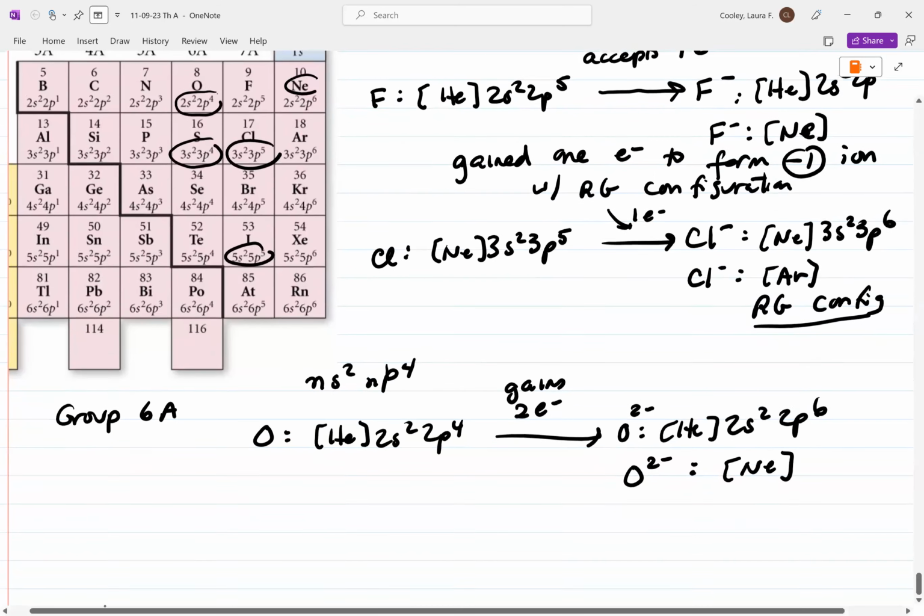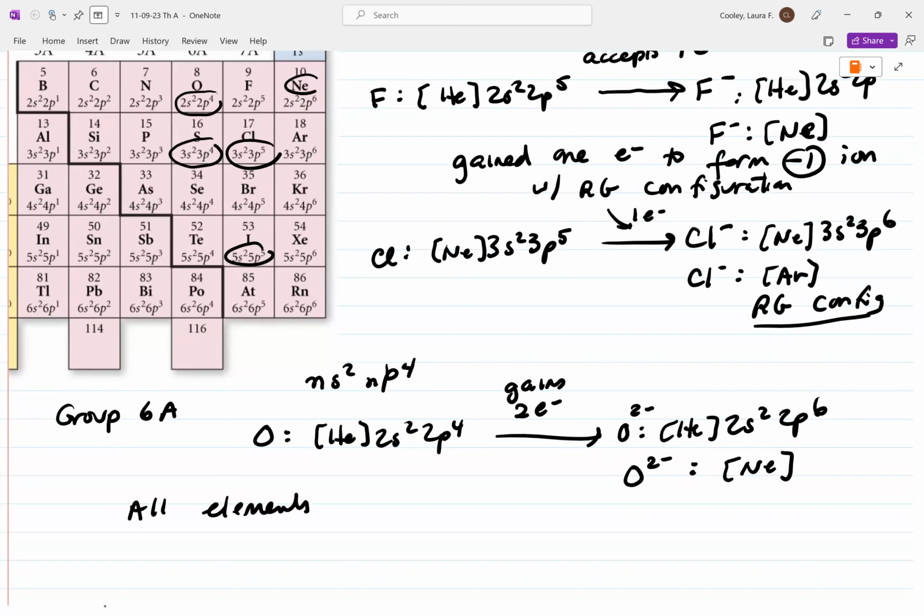And this is true of all the elements in that group of the periodic table. All elements in group 6A gain 2 electrons.